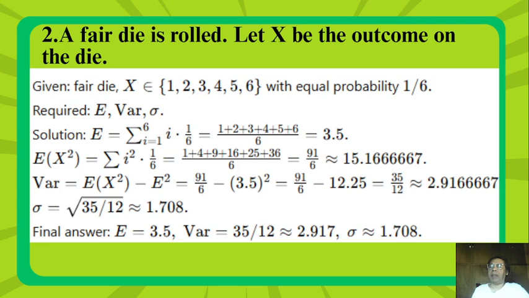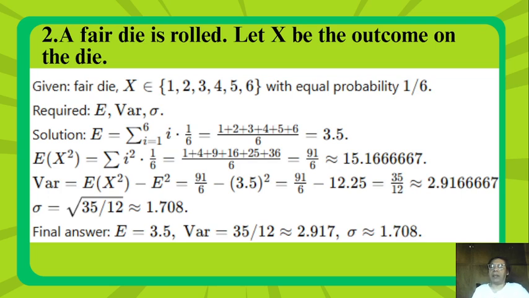So we have 91 over 6, which is 15.166667.